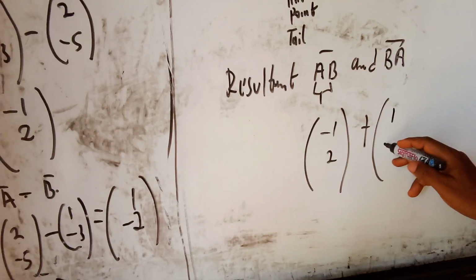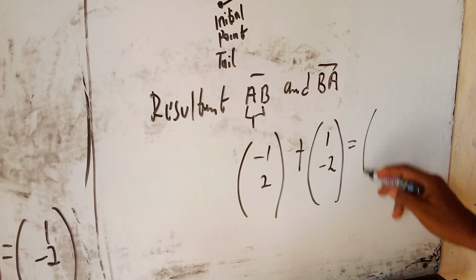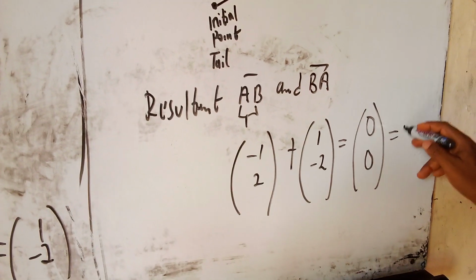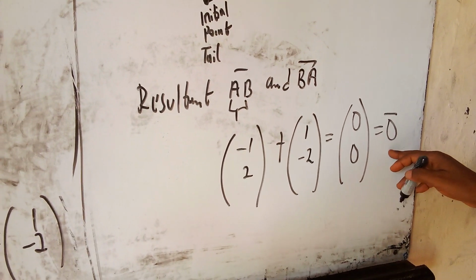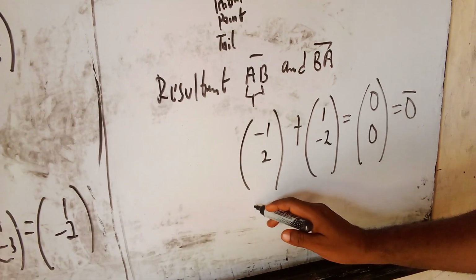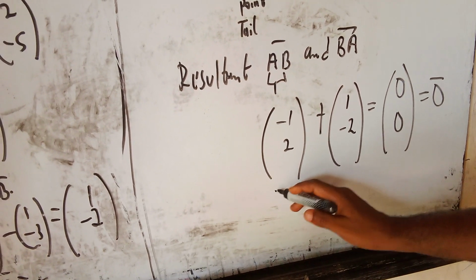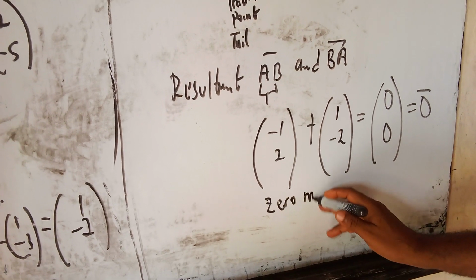If you look at it, minus 1 plus 1 will give us 0. 2 minus 2 gives us 0. So what I have here is called a zero vector. A zero vector is a vector that has zero magnitude.